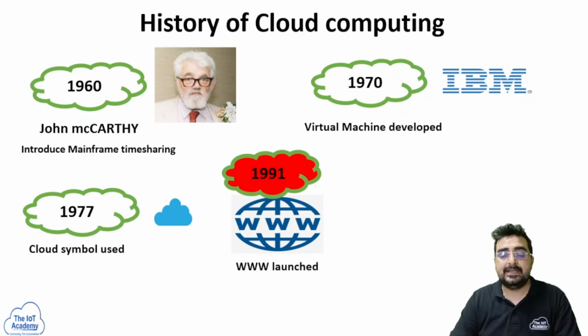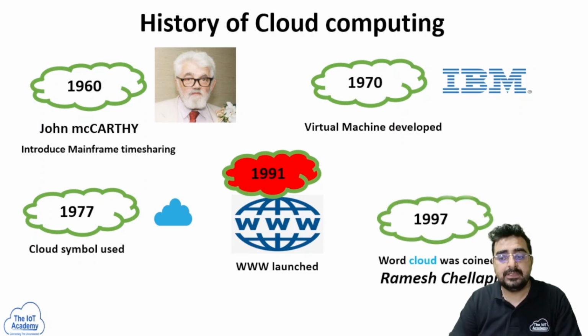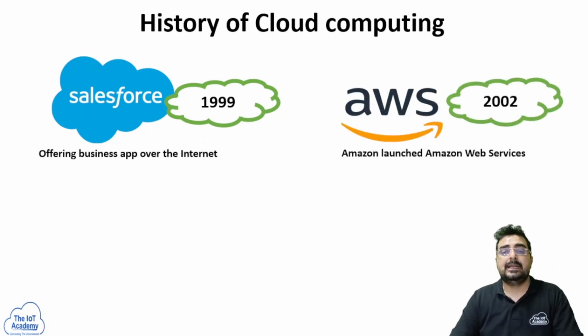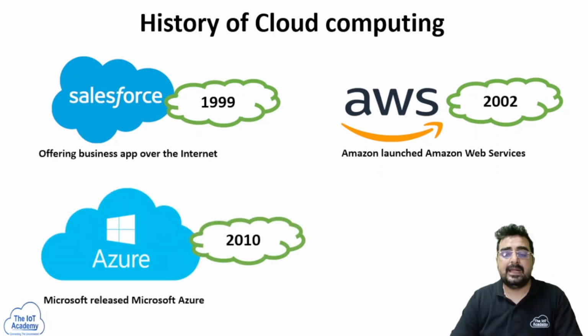Then in 1991 the WWW was launched, and then in 1997 the word cloud was coined by Ramesh Chellappa. Then in 1999 Salesforce offered cloud services over the internet. In 2002 AWS was launched by Amazon, and in 2010 Microsoft released their Microsoft Azure cloud services.